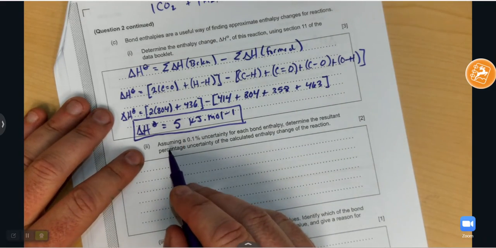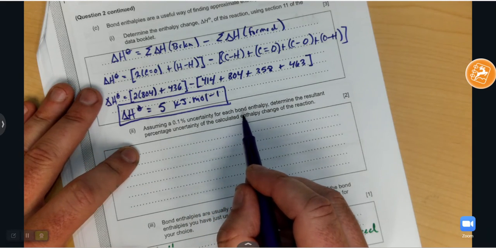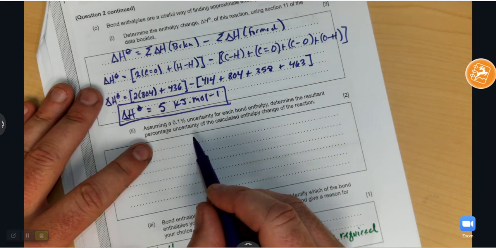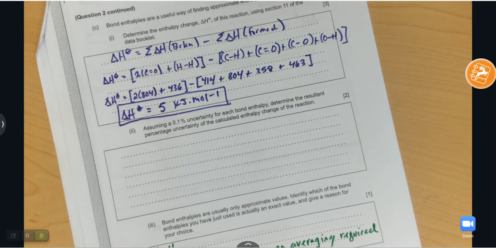All right, so part II says assuming a 0.1% uncertainty for each bond enthalpy, determine the resulting percentage uncertainty of the calculated enthalpy change. So again, all we did is add and subtract here. So when we're adding and subtracting to propagate the uncertainty, we add all the absolute uncertainties.